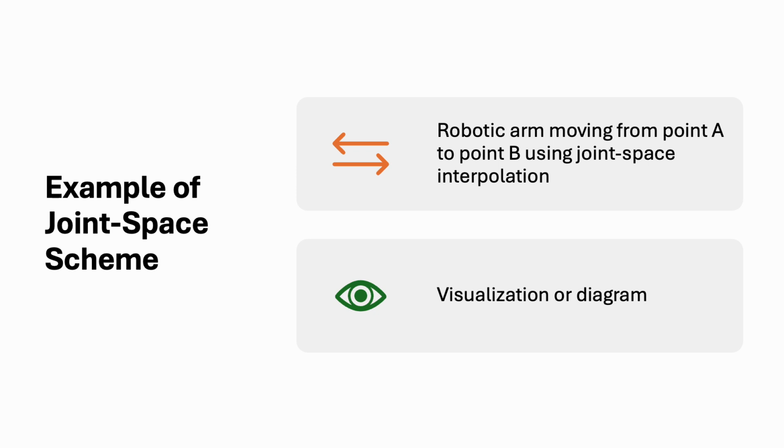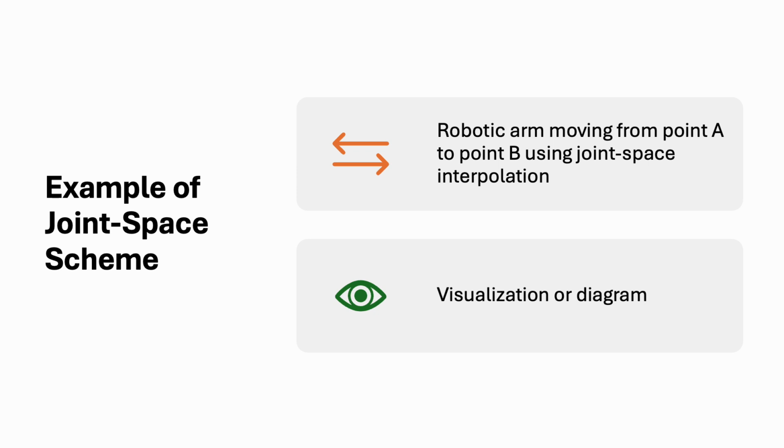For example, when Spot navigates uneven terrain, each leg's joints, including the hip, knee, and ankle, are controlled independently to adapt to the environment. By employing joint space schemes, the robot can calculate optimal angles and trajectories for each joint, ensuring stability and agility. This approach allows Spot to perform complex tasks such as climbing stairs, traversing rough terrain, and even recovering from slips or falls.